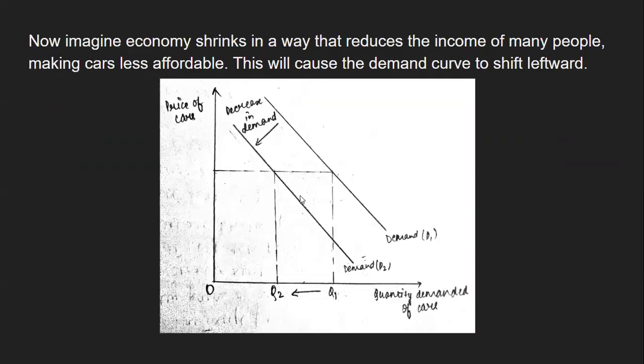Now imagine the economy shrinks in a way that reduces the income of many people, making cars less affordable for them. This will cause the demand curve to shift leftward, and this will represent a decrease in demand.